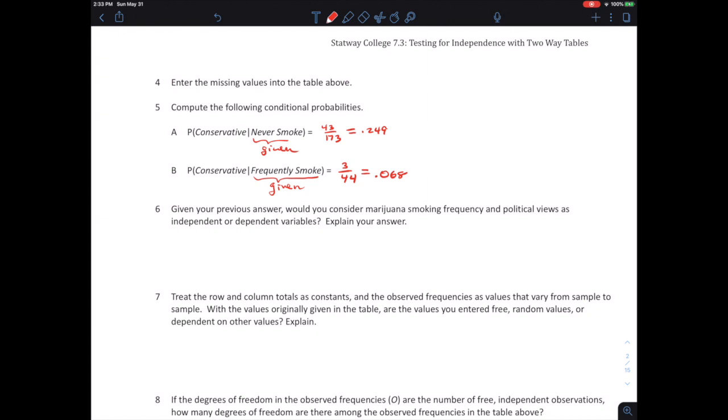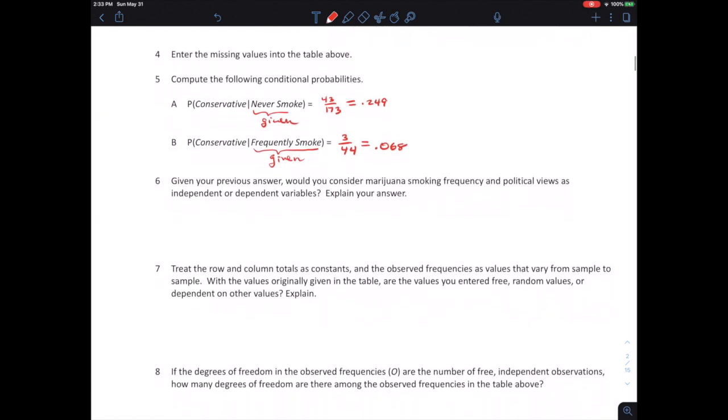But among frequently smoking individuals, 6.8% are conservative. So it really does seem like the probability of being a conservative does depend on your pot smoking frequency. So I would say the variables seem dependent.